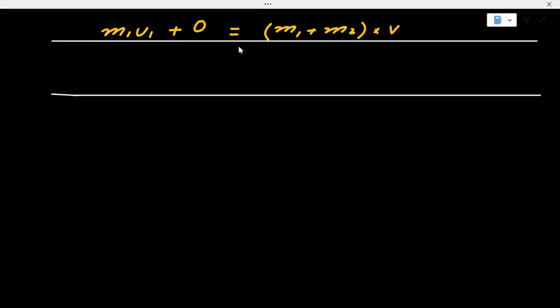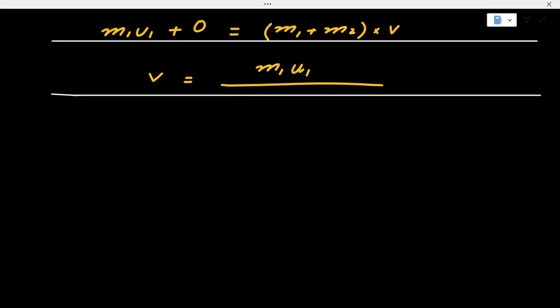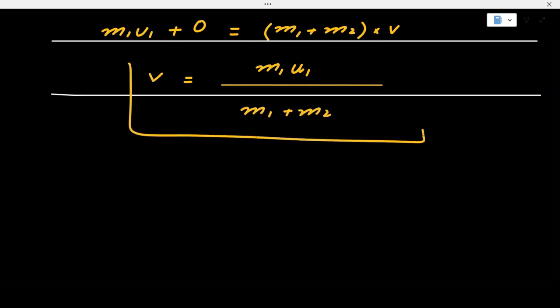So for the final velocity, it can be rearranged as v equals m1 u1 divided by m1 plus m2. What do you guys say to this?